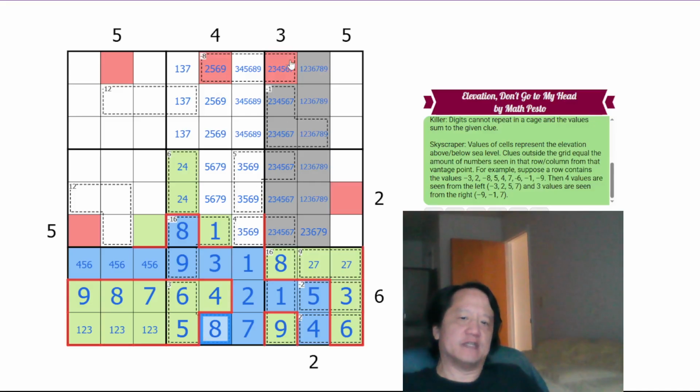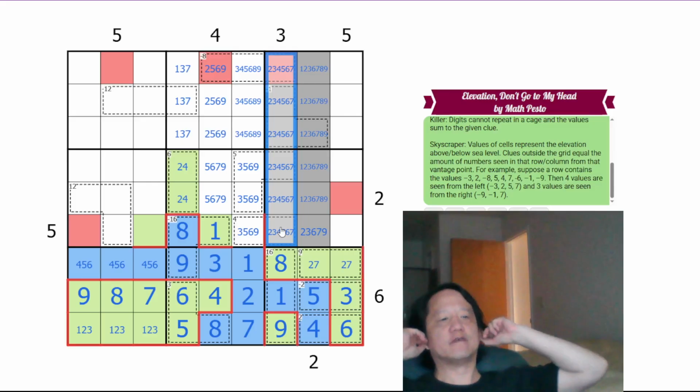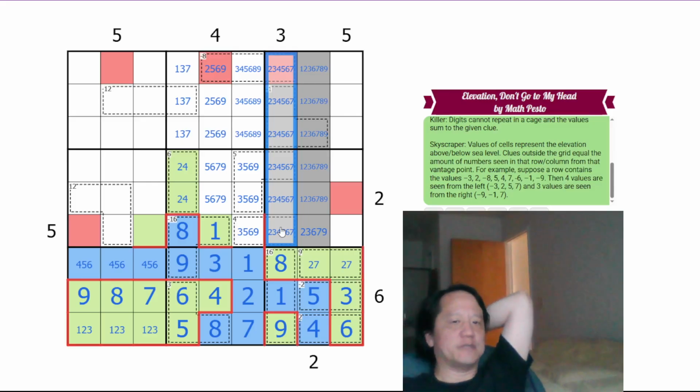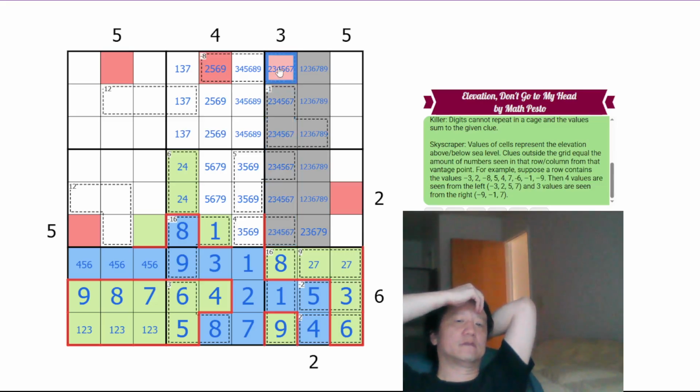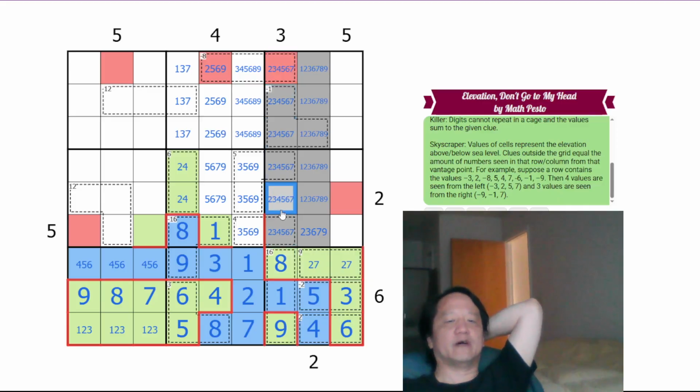If this is negative, the rest of this also has to be negative. And this has to be -2 if that's the case. If it's positive, as long as this is 7, then any of these could be positive, right?